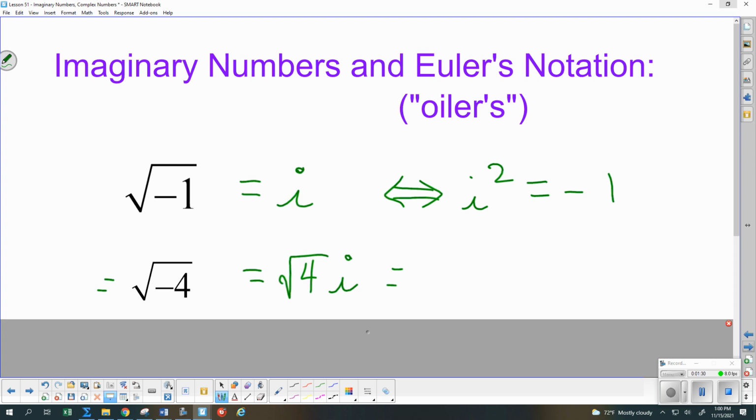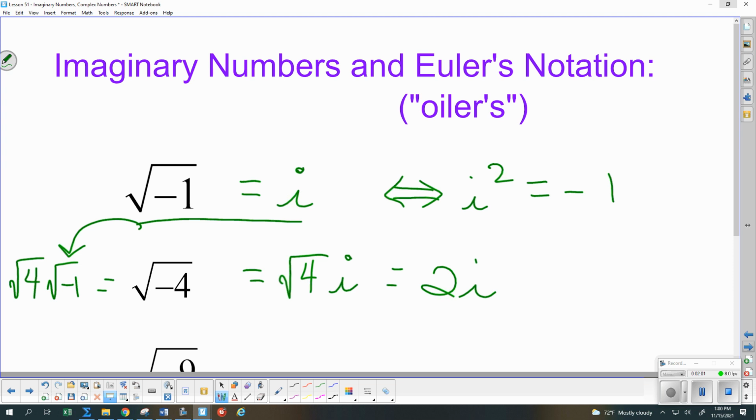That works because I could say -4 is 4 times -1, so √4 times root -1. And with this definition that we have now, that square root of -1 is i, so I have √4 times i. Then we say, can we simplify the square root? And everybody, what's √4? So that we have 2i.